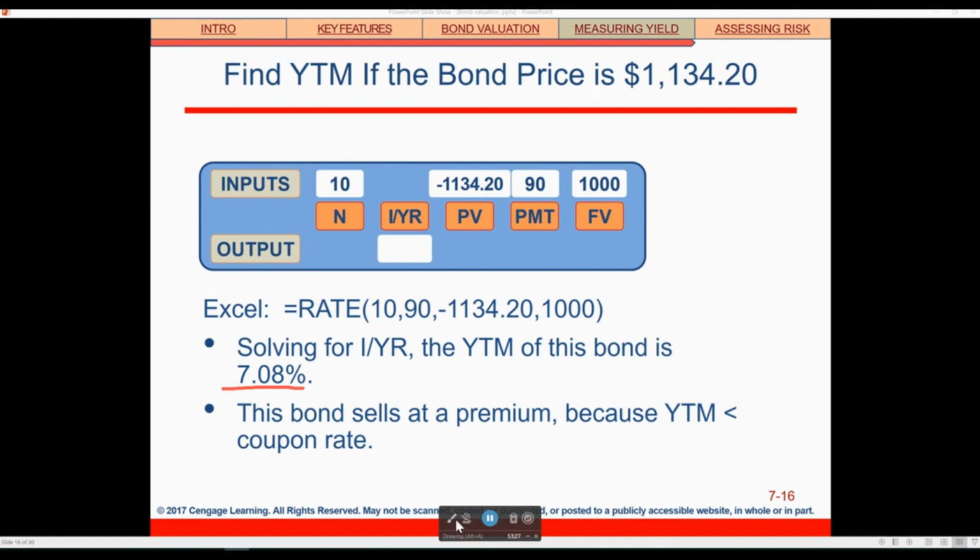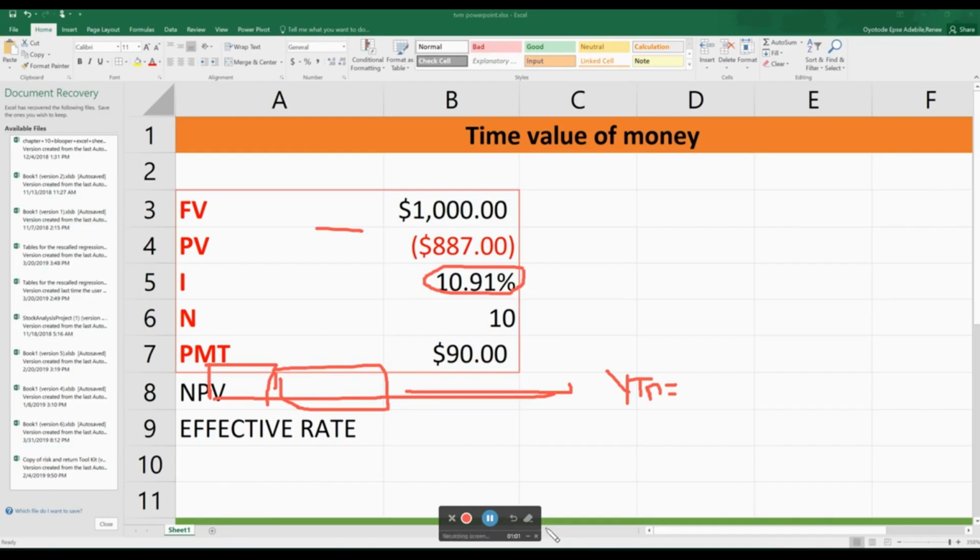One thing you will notice is that your bond sells at a premium, because your yield to maturity is lower than your coupon rate, and your price is higher than your face value. But I'm leaving that blank for you, and I want you to try to compute the yield to maturity.